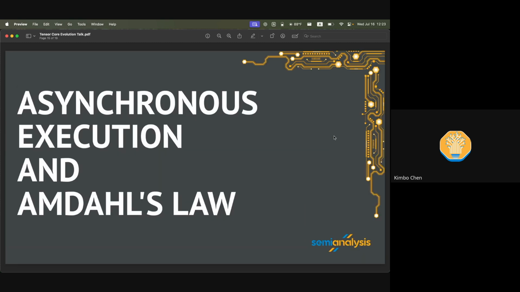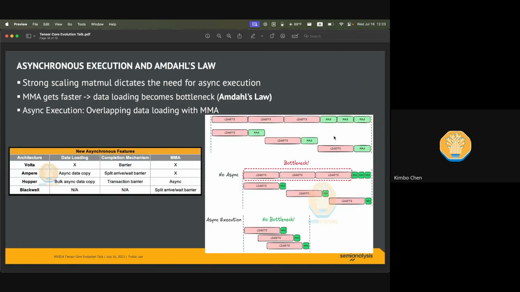Okay. The last feature is asynchronous execution, and the principle behind it is Amdahl's law. The reason we need asynchronous execution is that strong scaling matrix multiplication almost requires it. One way to see this is if we draw the matrix multiplication flow, as we see here in the graph.